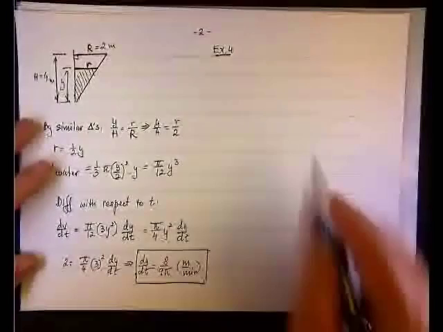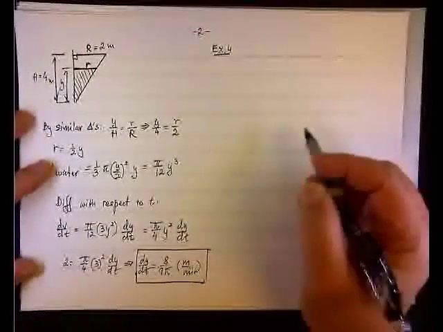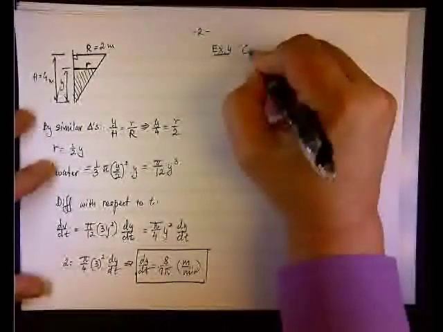All right, so let's write it. Car A is traveling west at 50 miles per hour.